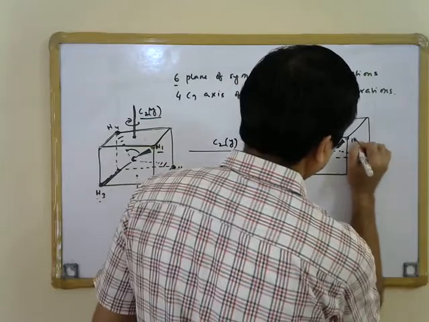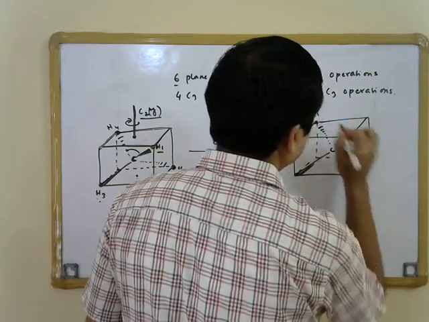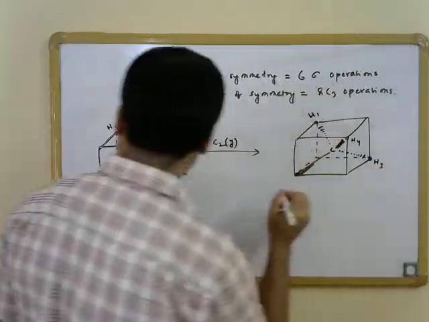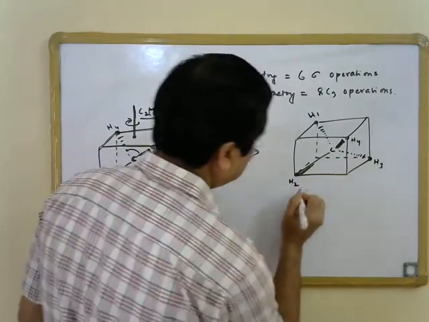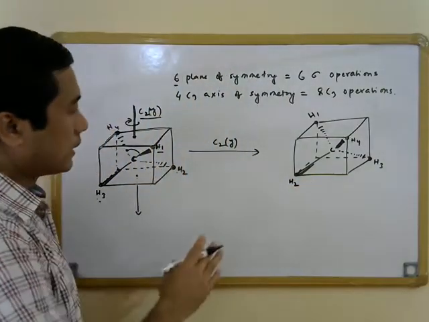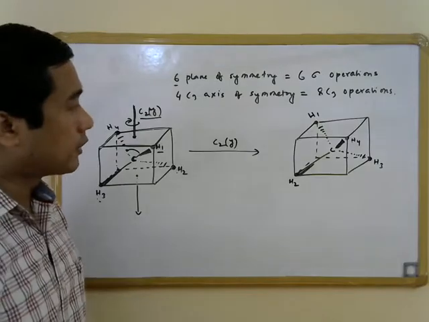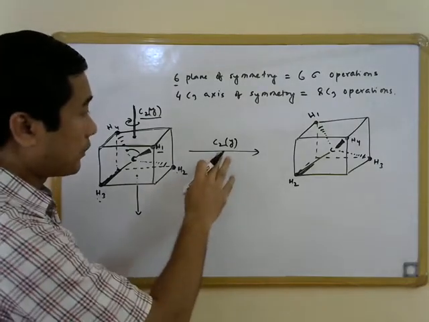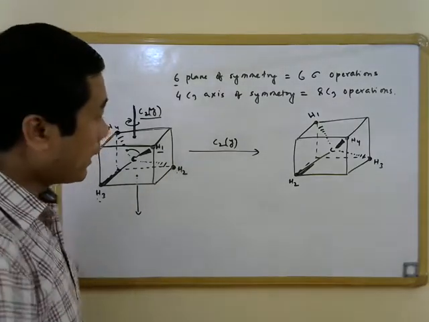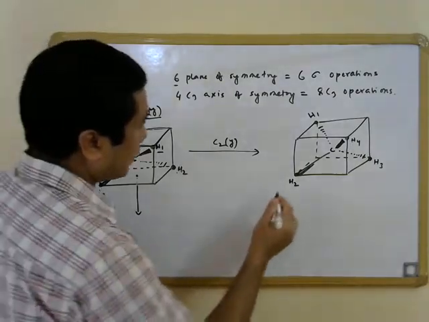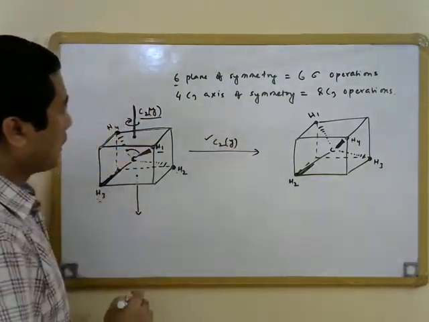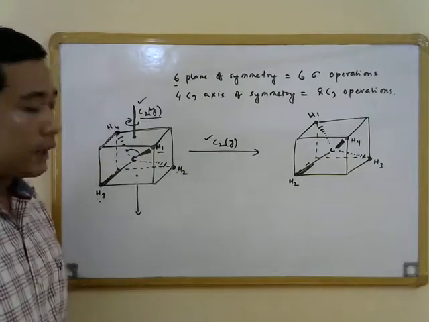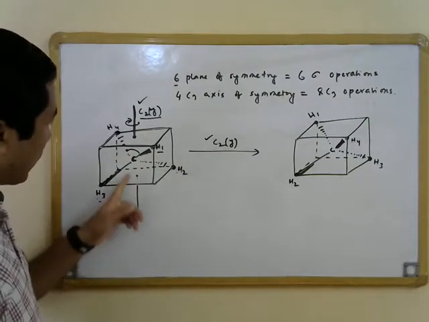And this is H4 now, this is H1, this is H3, and this is H2. So we reach an indistinguishable configuration when we do C2 operation with respect to this C2y axis of symmetry. So this is a symmetry operation, and this is a C2 axis of symmetry passing through this particular point in the tetrahedron.